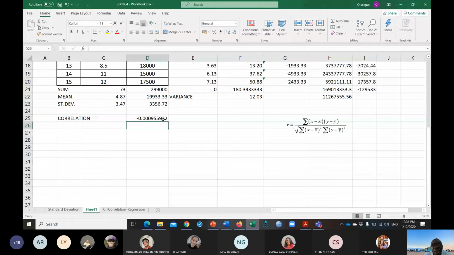So this is the correlation to two decimal places.